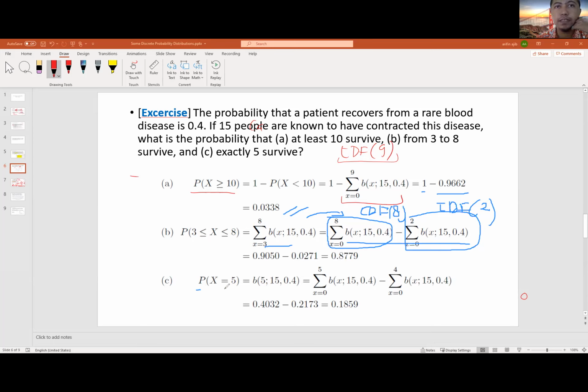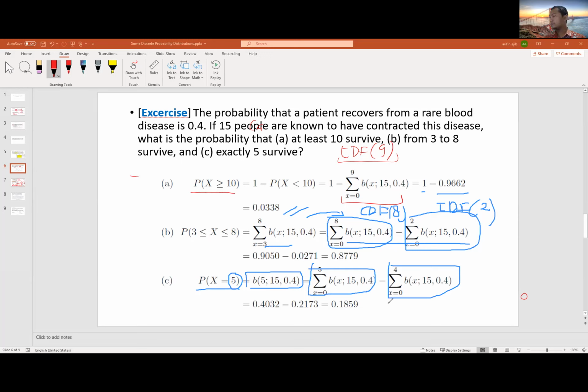And you know that for point C, the probability at 5 is easier to compute using the calculator directly at the point 5. But another way is CDF 5 minus CDF 4. It's similar. Okay.